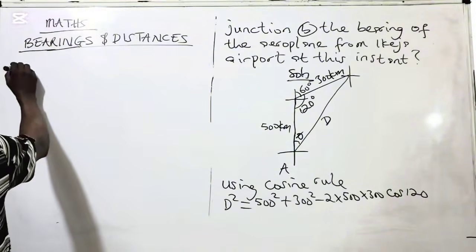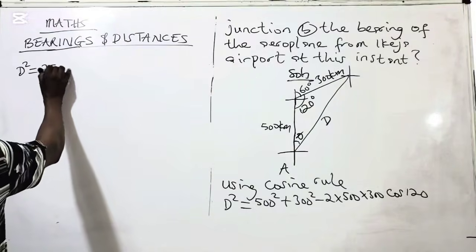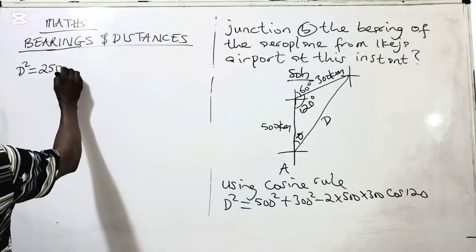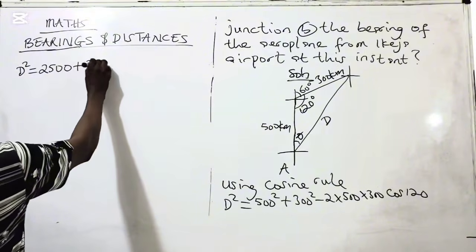So we have this square. We have 250,000 plus 90,000.